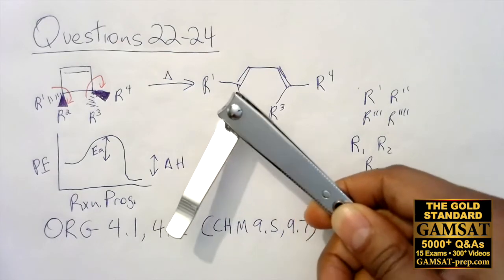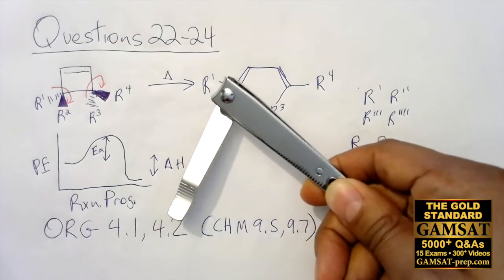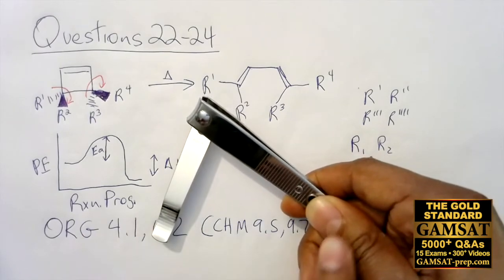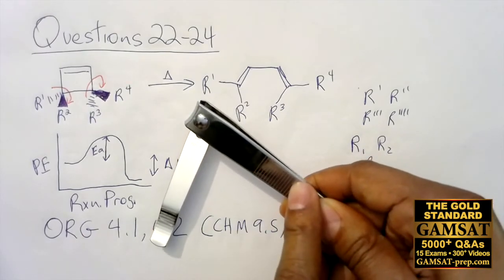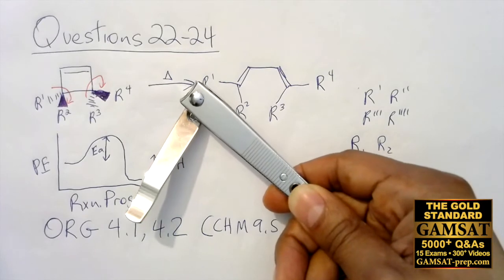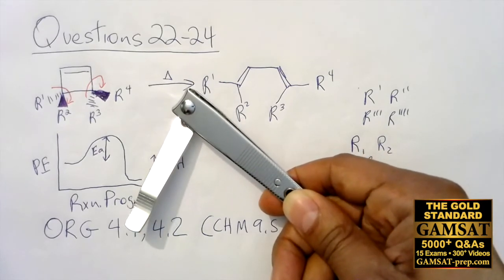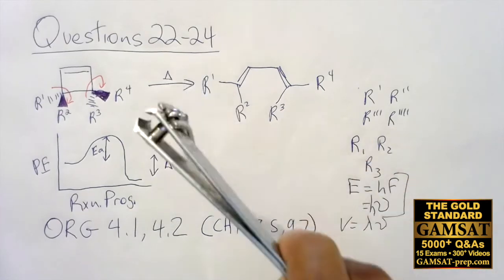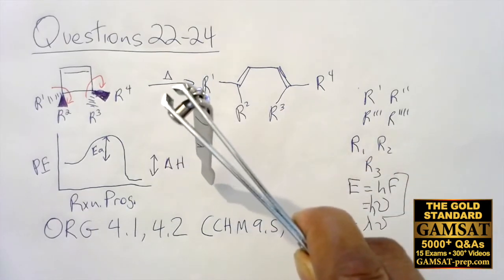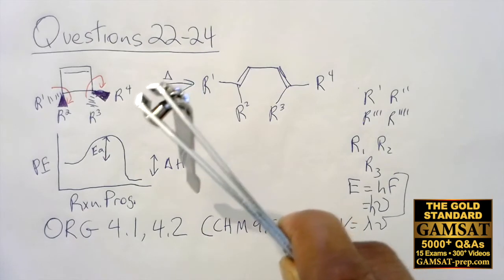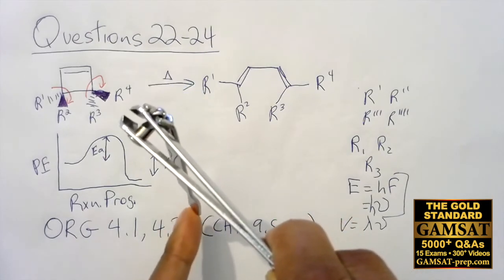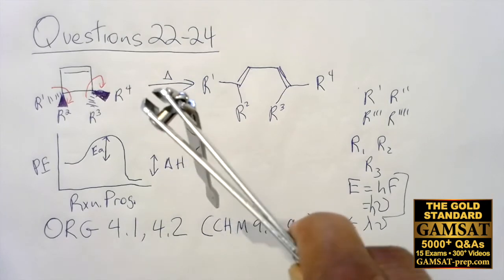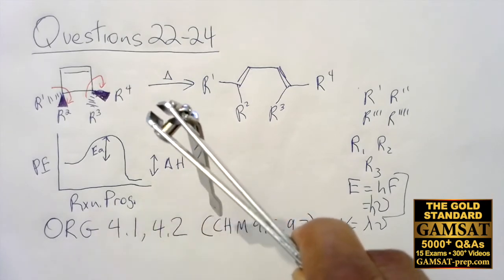But anyway, let's say that this is R3 over here, and over here is your R4. When you look at it on your paper, it looks like they're flat, but of course not. They're actually like this. What a difference, isn't it? So R3 is in the back here, and R4 is coming out towards you, and this would be the plane of the paper.